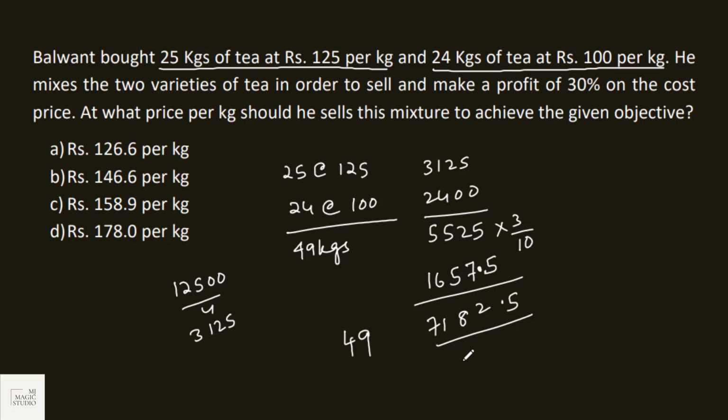So if I divide by 2 and multiply this by 2, this will become 142 around something. Option B is the pick. Calculator is not there. We can go by method calculations and with options. 146.6.